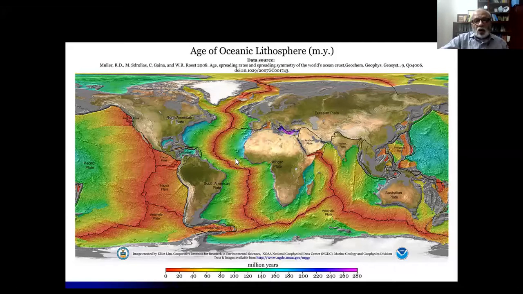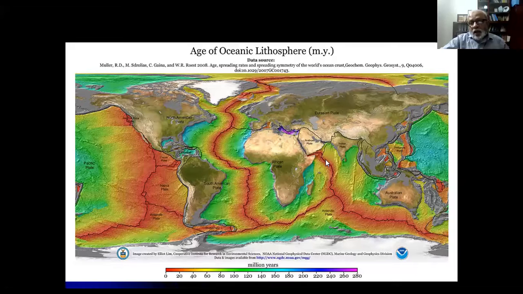So these are called the mid-oceanic ridges. From the ridge, these are the initial location of the continents, and then they started to move away. There are various terms, such as triple junction.